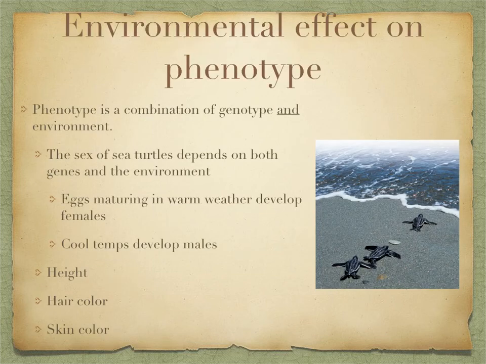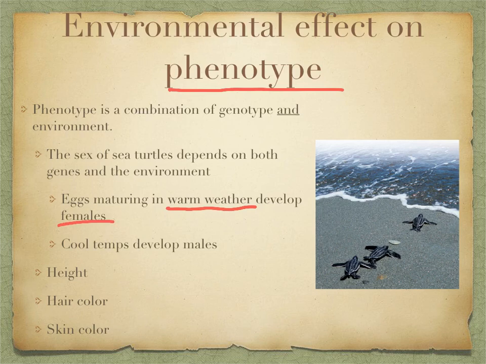The last complex pattern of inheritance is an environmental effect on the phenotype. The phenotype is a combination of the genotype and the environment. One example here is the sex of sea turtles, which depends on both genes and the environment. Eggs that are maturing in warm weather develop into females.